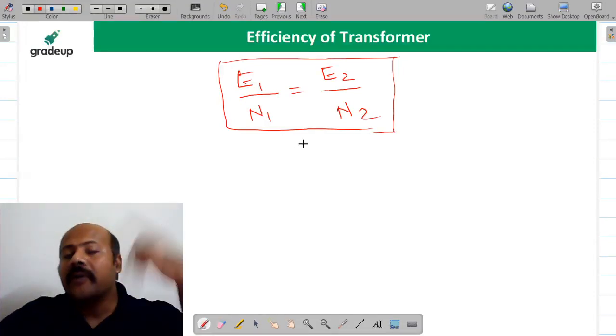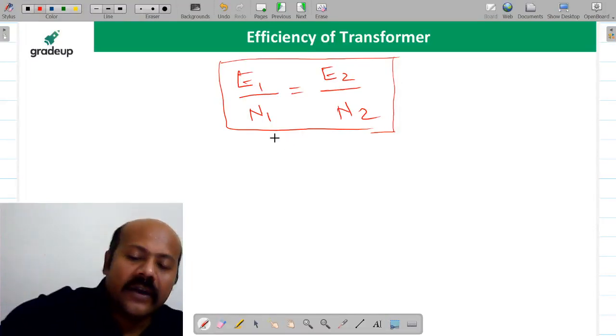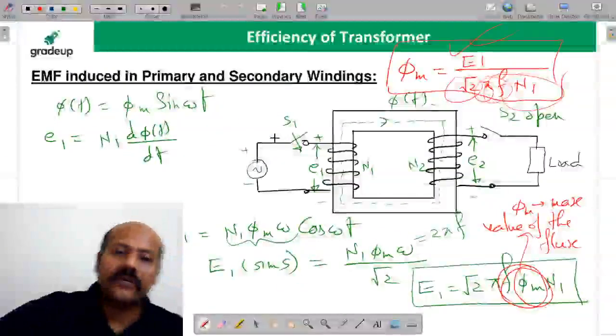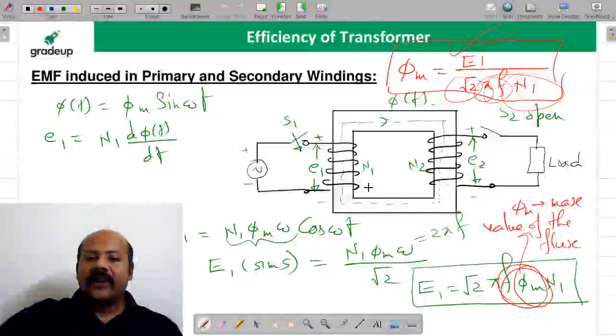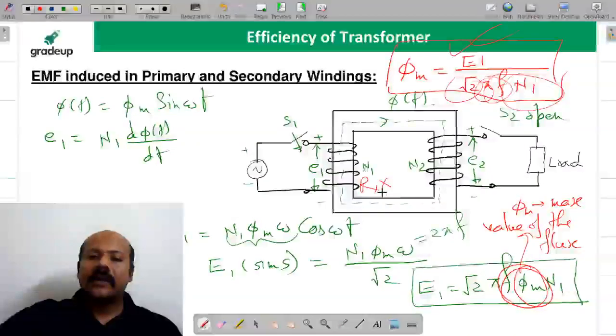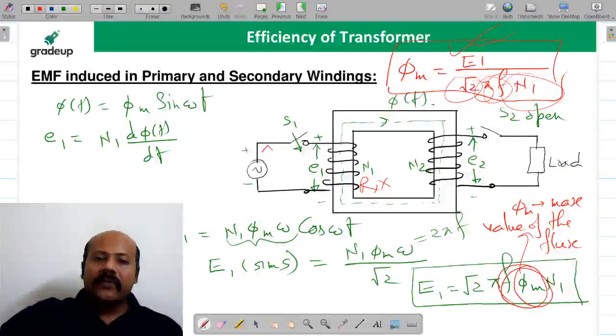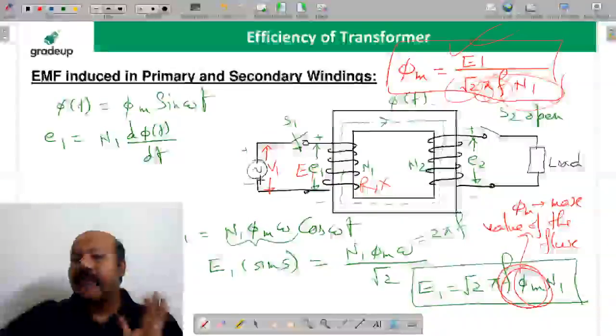Now please try to understand. If you talk about the ideal transformer, we'll consider ideal transformer also. If it is ideal transformer, there is no resistance involved and there is no leakage flux. So R and X or nothing is present. So whatever voltage is going to be applied here from the supply side, it is going to be equal to, I am taking the RMS value here.